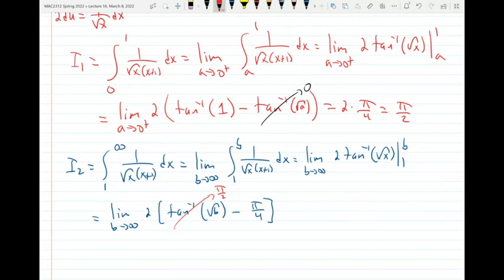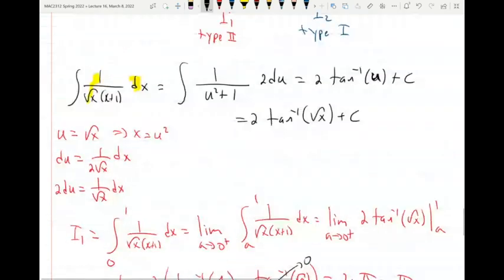So we get 2 times pi over 2 minus pi over 4. What is that? That's 2 times pi over 4, right? But 2 times pi over 4 is pi over 2. So both integrals converge. That means the original integral converges.